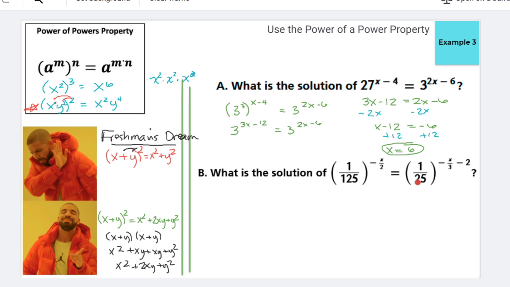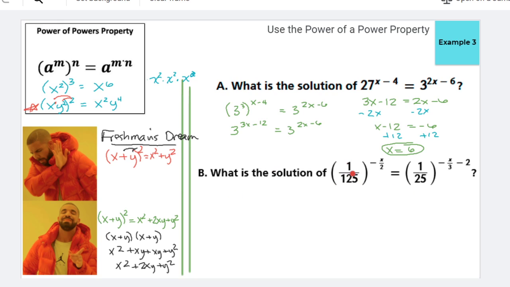So here on the bottom, we're looking at 1 over 125 and 1 over 25. I kind of know this just from having experience with numbers. It might be a good idea for you to write down lists of what power things are being raised to. But I could tell you that 125 is the same thing as 5 cubed.